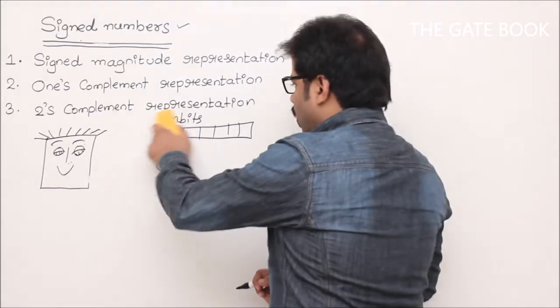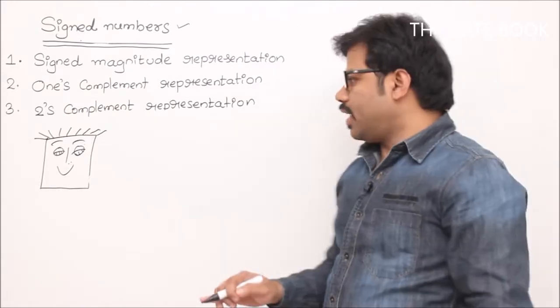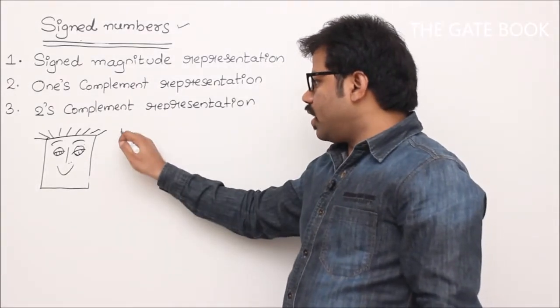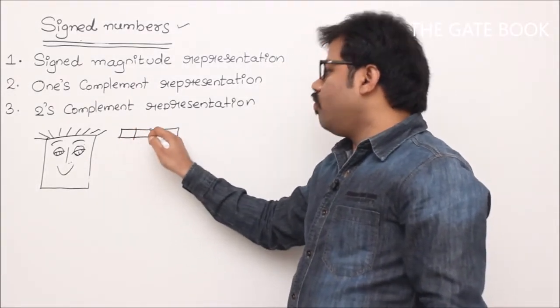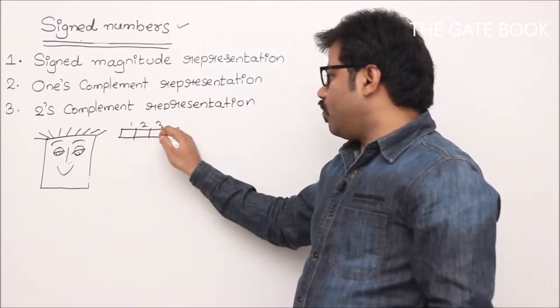Now let's begin the story. First thing, signed magnitude representation. For simplicity, I assume that I am going to represent using only 4 bits: 1, 2, 3, 4.